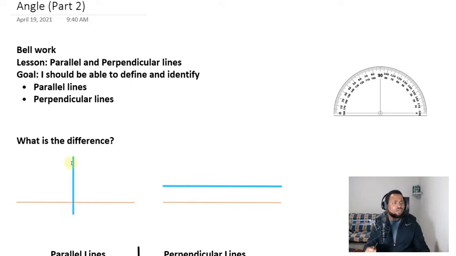So the first observation is this. For the first diagram here, we have our blue line as a vertical line. When you highlight it or write it down, you write vertical line, and the vertical line is touching a horizontal line.